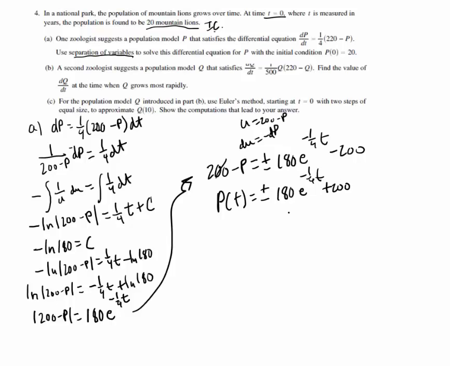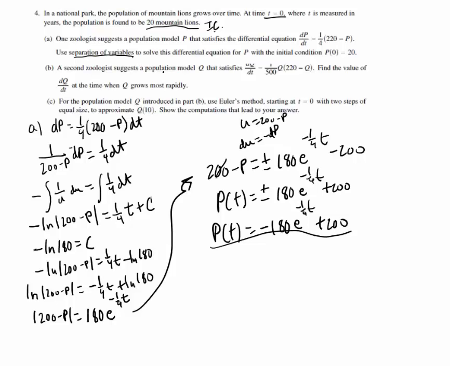And then when I plug in my initial condition of time 0, I need to get out 20. Well, obviously negative 180 plus 200 is going to give me the 20, so it's the negative answer. So p as a function of time is going to be negative 180 e to the negative 1/4 t power plus 200. And that's my answer to part A.